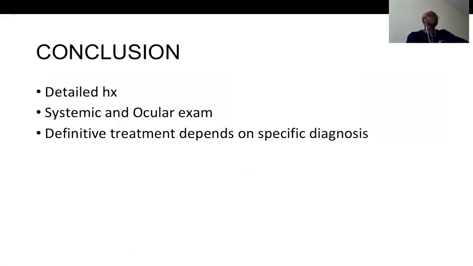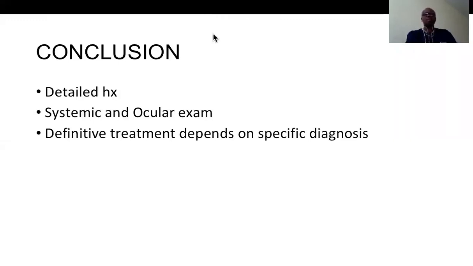So in conclusion, when dealing with secondary open-angle glaucoma, we will have observed that a detailed history and meticulous systemic and ocular examination are essential, because there's need to have a specific diagnosis in order to treat the patients accordingly.